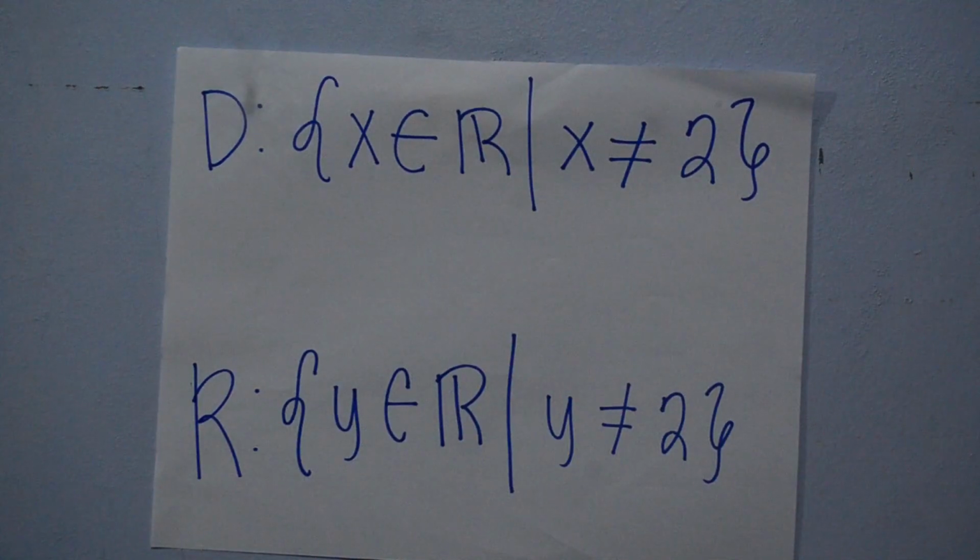So, let's get graphing. Now we're going to start graphing, but before we graph, let us first identify our domain and range. So our domain is x elements of real numbers, wherein x is not equal to 2, and our range is y elements of real numbers, wherein y is not equal to 2.